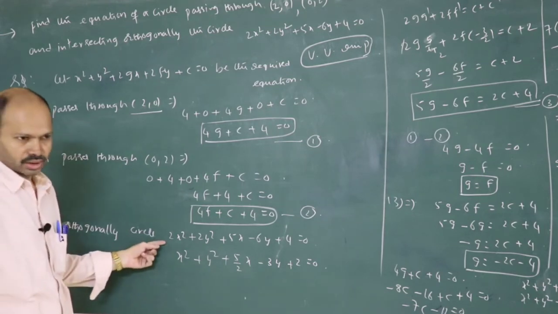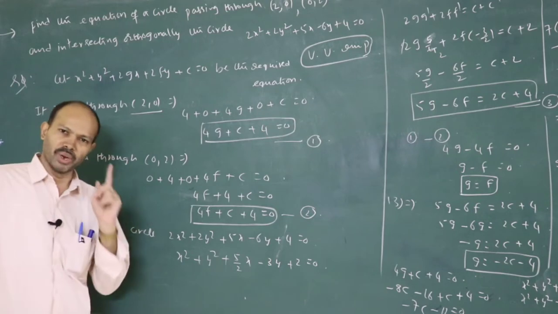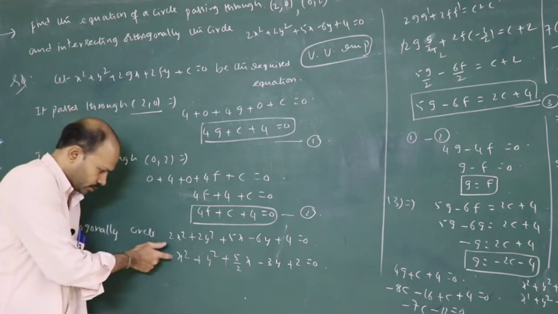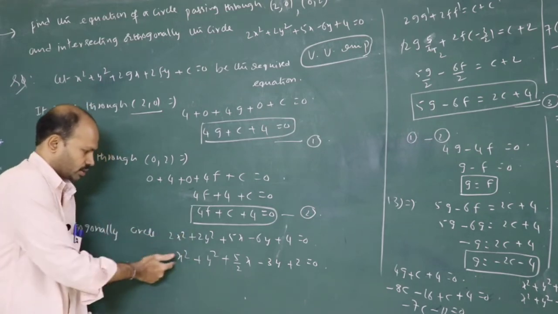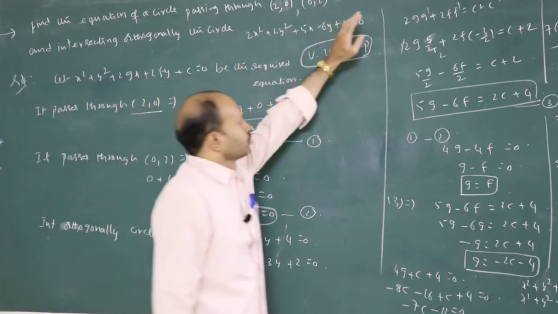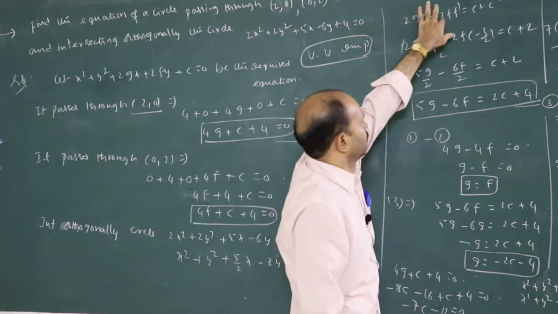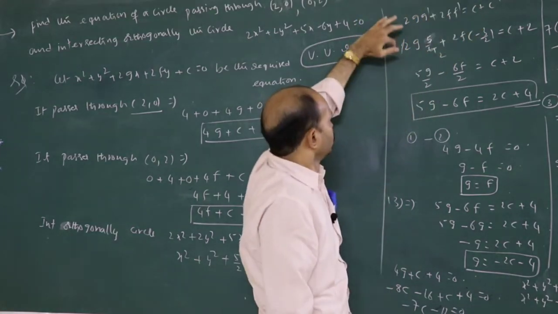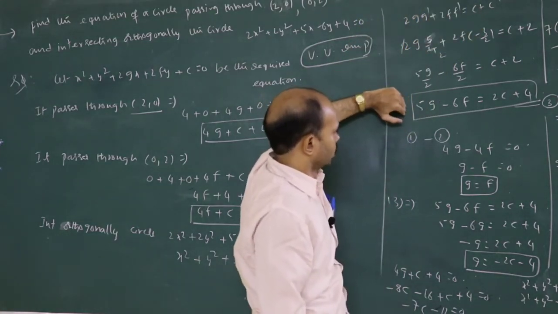The two circles intersect orthogonally. While applying the condition of orthogonality, you must always make the coefficients of x square and y square as 1 and 1. Then only apply the condition: 2gg dash plus 2ff dash is equal to c plus c dash. Apply the values, you get the third condition.